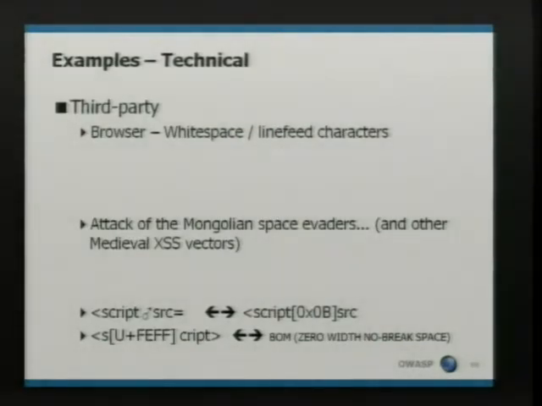He found out that these kinds of white space characters pass the Opera engine, and Opera just treated them as a normal character and usually swallowed it, and as a result, cross-site scripting was possible. And we have some other possibilities on that.